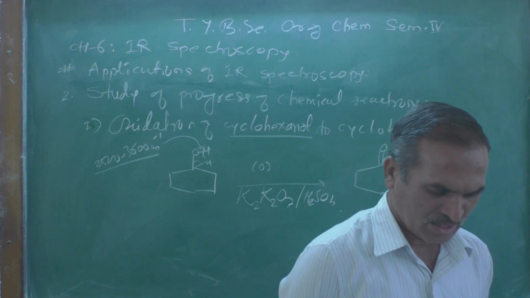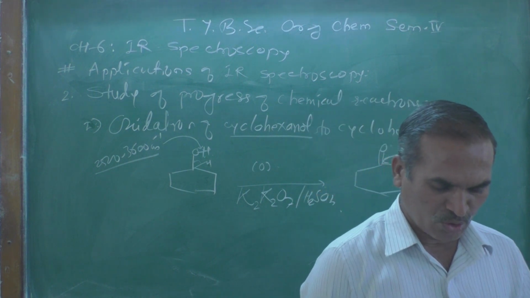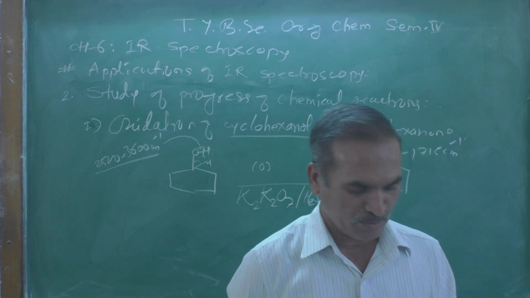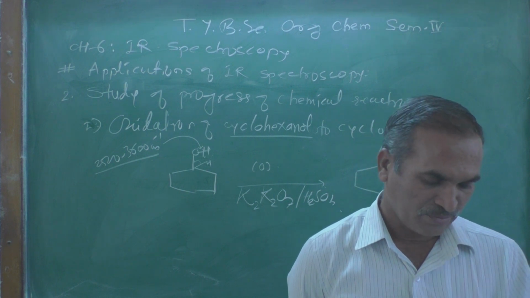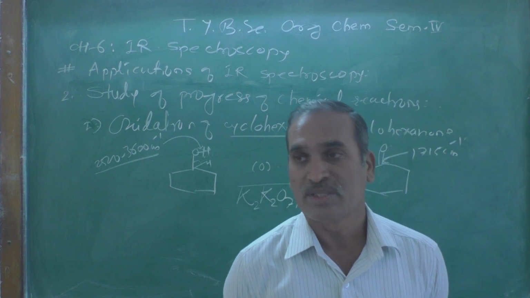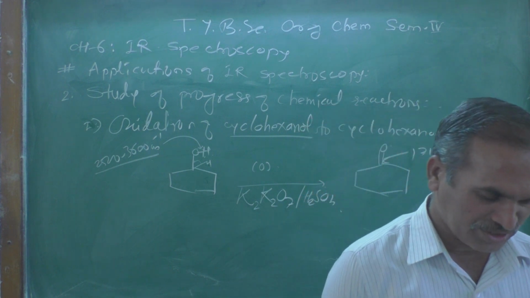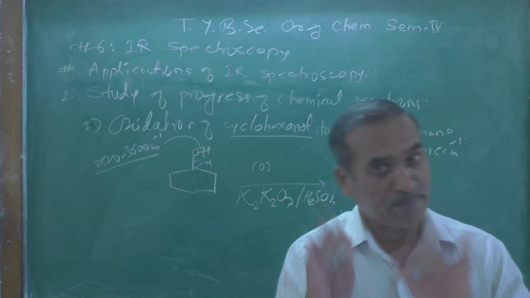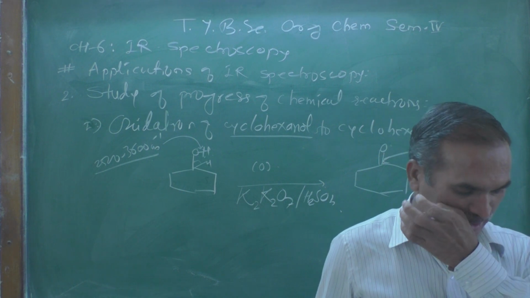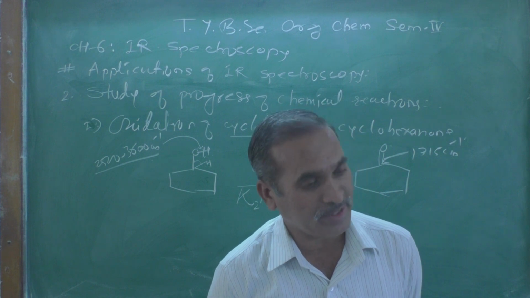Initially only cyclohexanol is present, and the IR spectrum will show the OH stretching peak at 3550 per centimeter. When the reaction is complete, the band at 3550 per centimeter due to OH stretching frequency disappears, and a new band at 1710 per centimeter due to the ketonic carbonyl frequency appears.